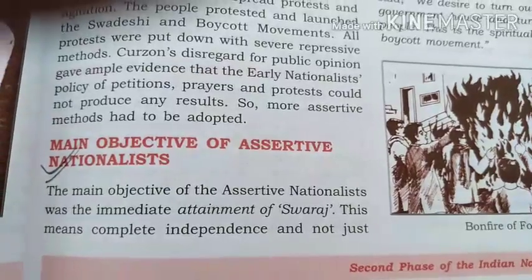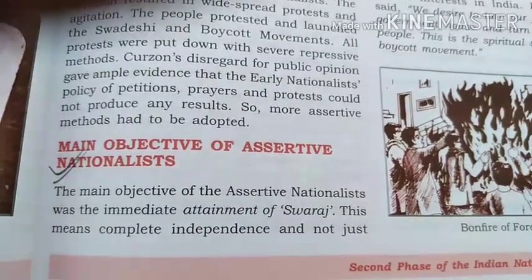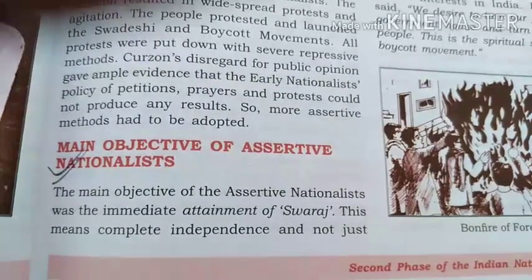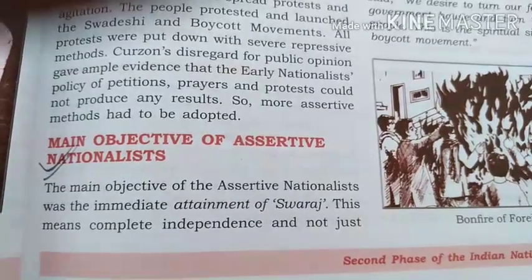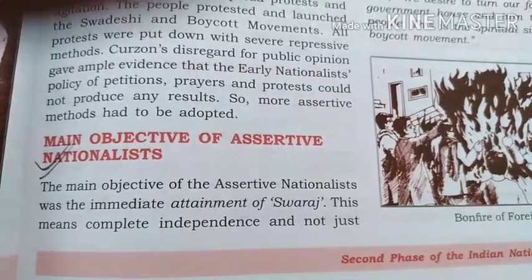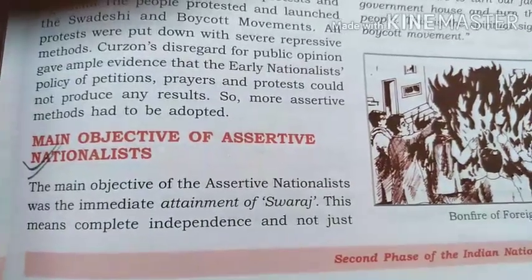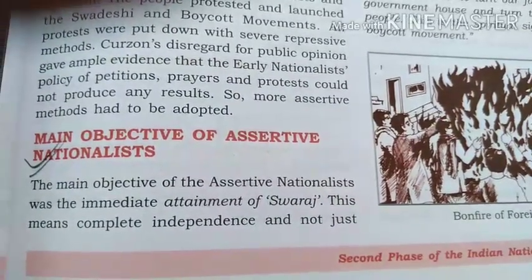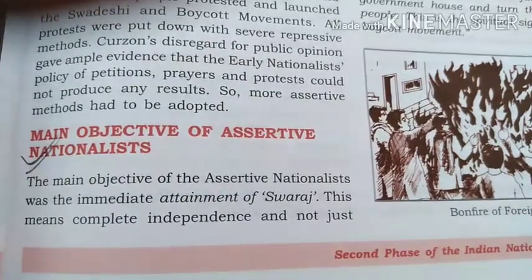So, in the fourth chapter of history, that is the second phase of the Indian national movement, we will deal with certain points, and among these we will discuss the main objective of assertive nationalists.